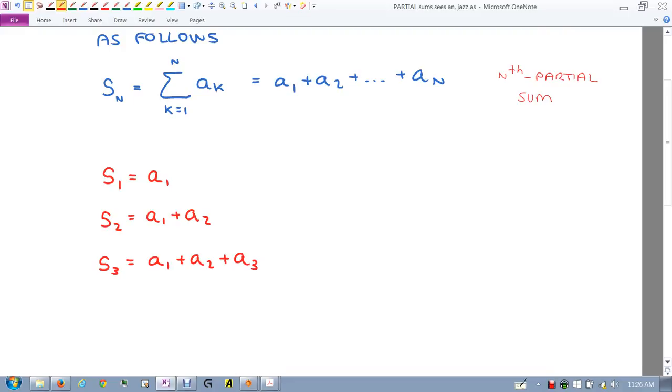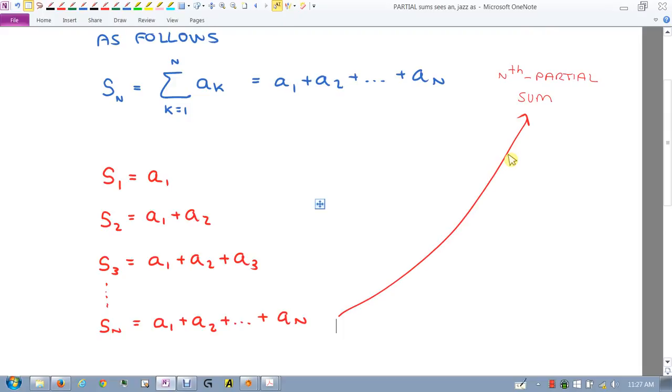Got it? Fourth one would be add up the first 4. Fifth one, the first 5. And the nth one, we already had it written down up there, is the first n of them, right? That's that nth partial sum we're talking about.